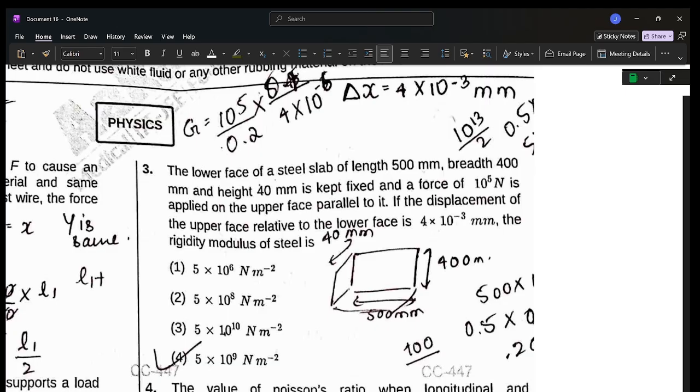But still, where did I go wrong? 6, 7, 8, yeah. I need 10 bar 9, but I'm getting 10 bar 6.